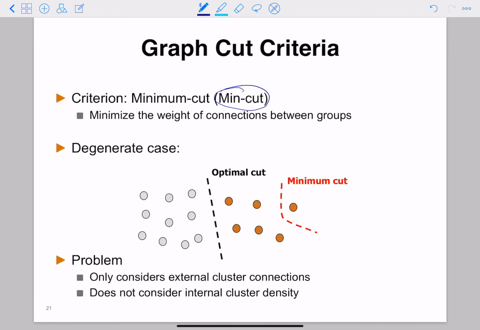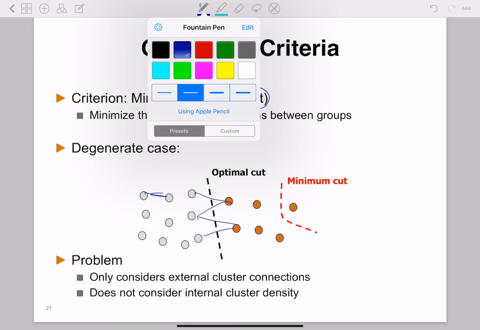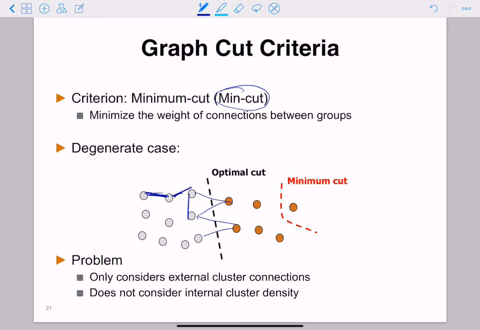But in this case, min cut has some limitations. We may have large edge weights around these gray colored points, and also high edge weights between these brown colored points, and the optimal cut would be somewhere over here.